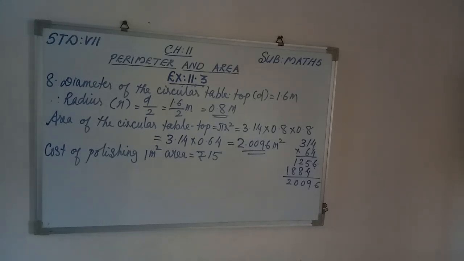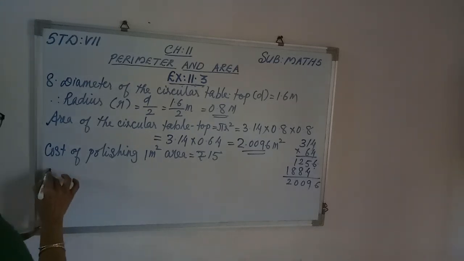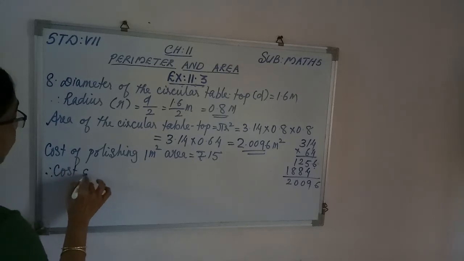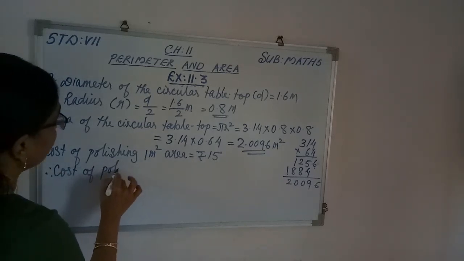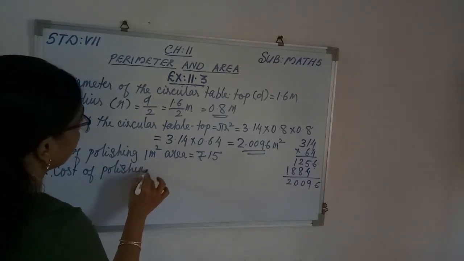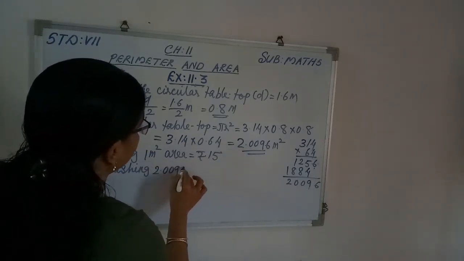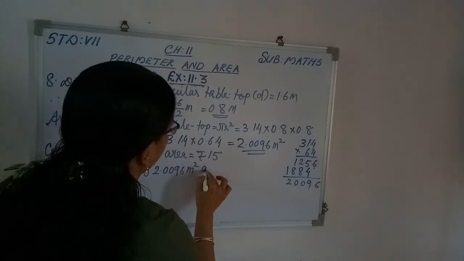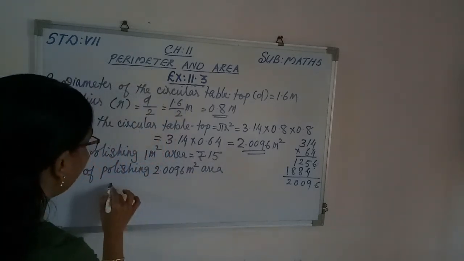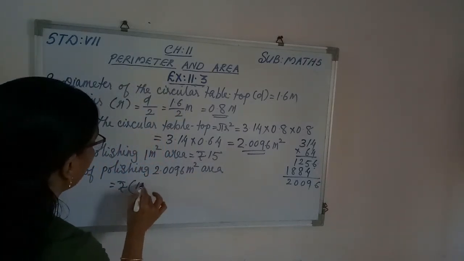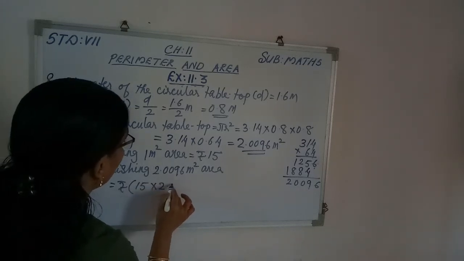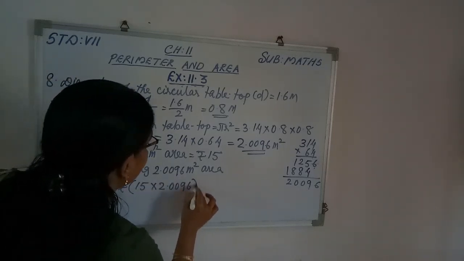Therefore, the cost of polishing 2.0096 meter square area, how will you find out? Multiply. Rupees 15 multiplied by 2.0096.